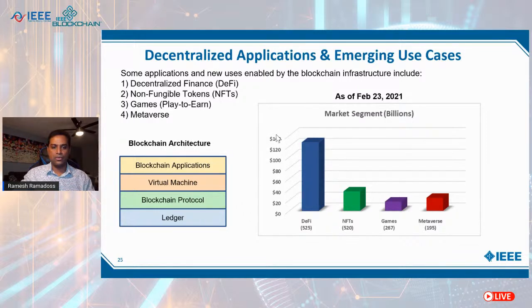Now, if you look at some numbers for these market segments, you can see DeFi has 525 projects, with over $120 billion in market cap. And there are NFTs, games, and metaverse. So you get an idea that there are hundreds of projects, working on different, emerging use cases.